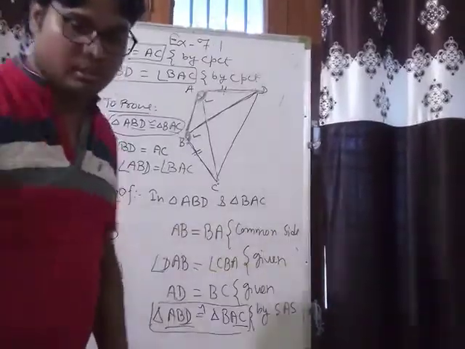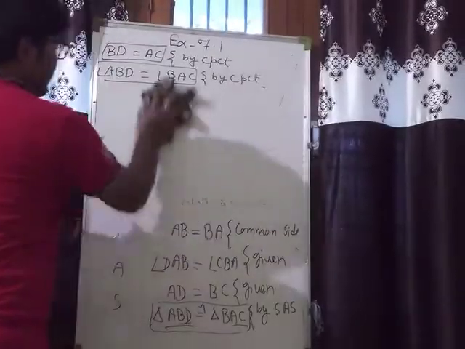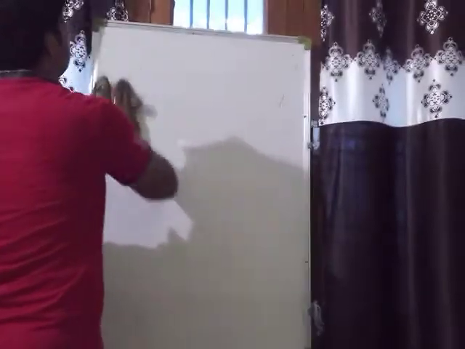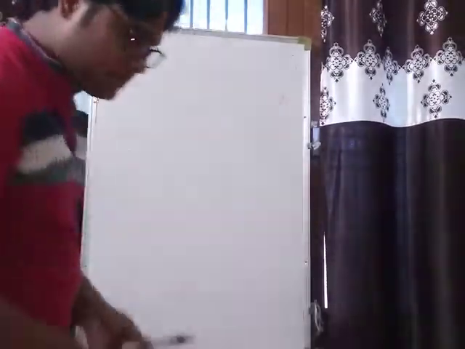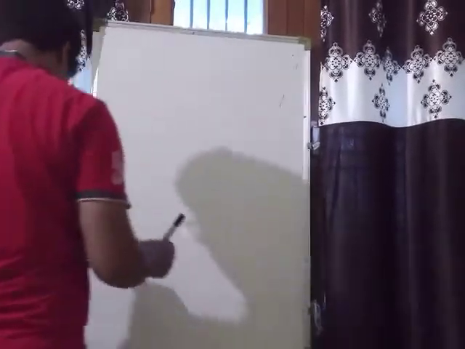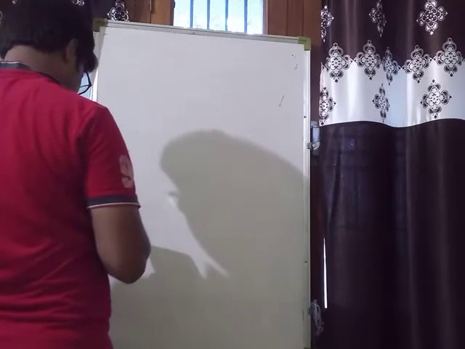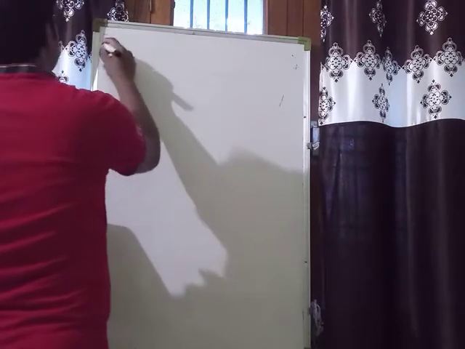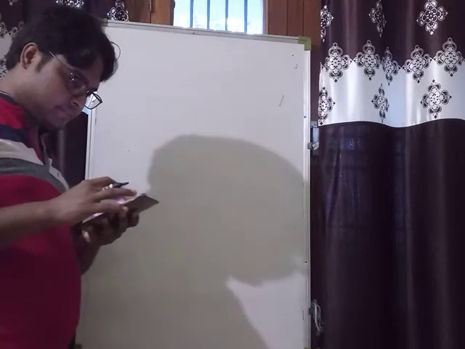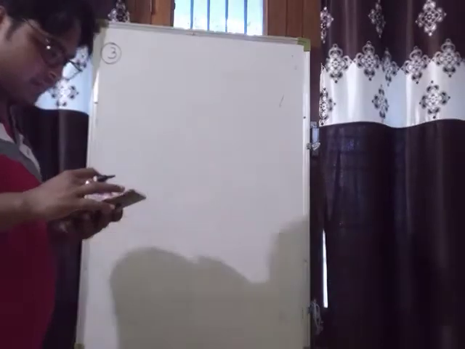Now read question number third. See, AD and BC are equal perpendiculars to a line segment AB.